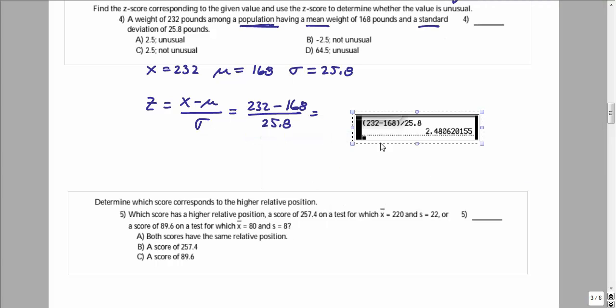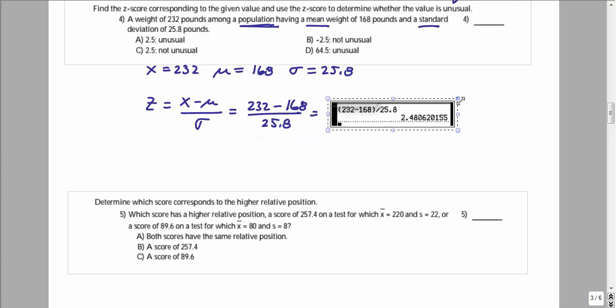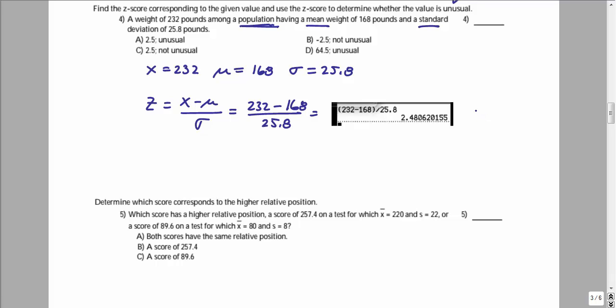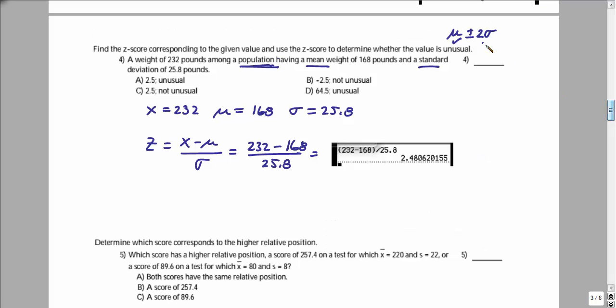Now, remember, usual and unusual, if we come back up to here, was anything more than 2 standard deviations. Well, this is 2.48, so we get z equals 2.48. This is unusual because it's more than 2 standard deviations above the mean.